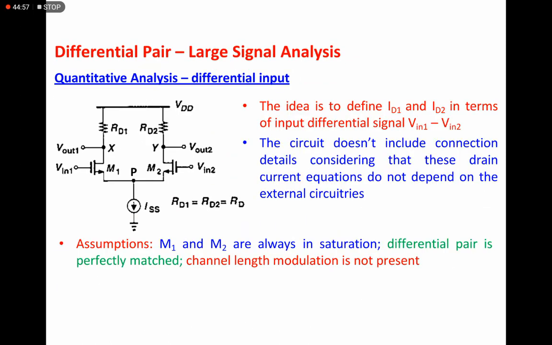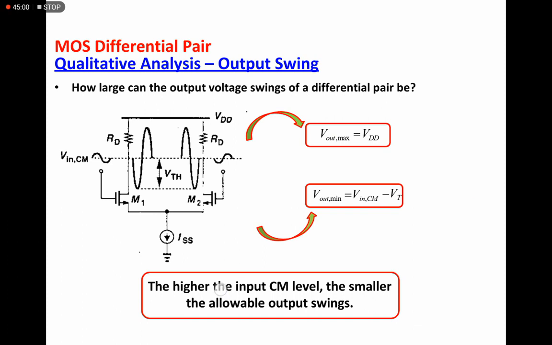And one more thing we finally need to discuss here is the output swing of the differential amplifier. The maximum output of the differential amplifier is limited by VDD, and the minimum is limited by Vout minimum, which is VCM, the common mode, minus VTH, because for the minimum output the transistor must be kept in saturation, or the value of VDS must be greater than VGS minus VTH.